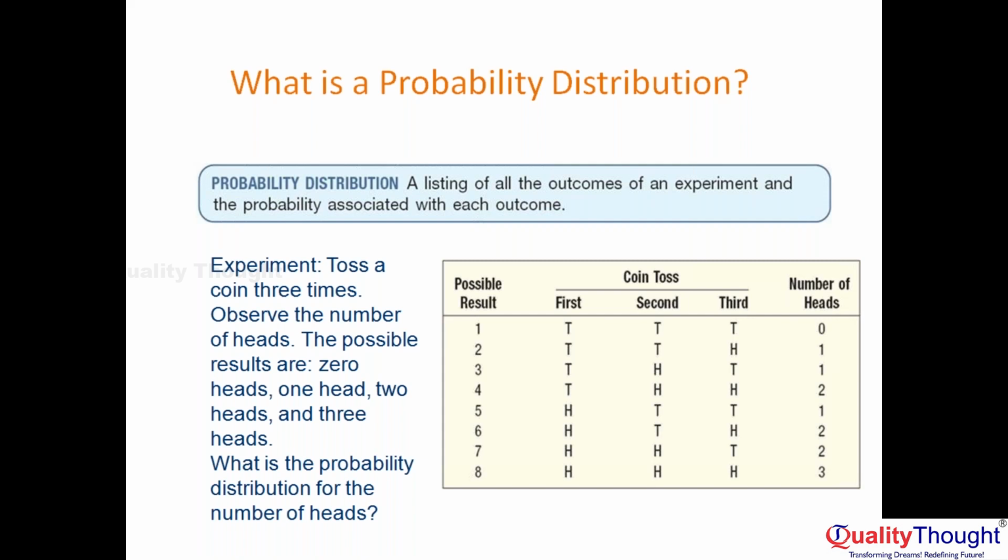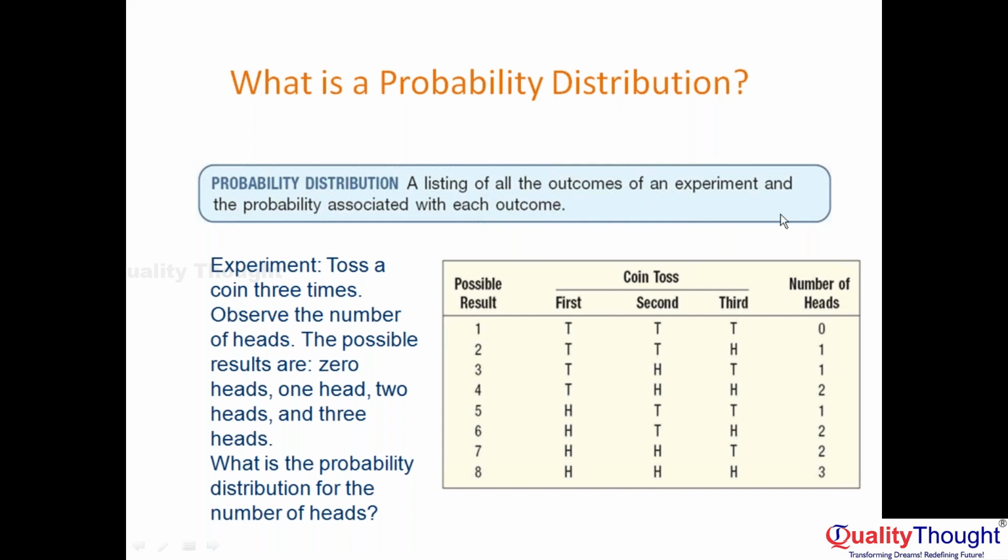How the probability is distributed across different events, that is what we have to identify. The probability of number of heads being 0 means every time you will get a tail, all 3 times. The probability of getting 1 head is different: first time you may get it, second time you may get it, third time you may get it.